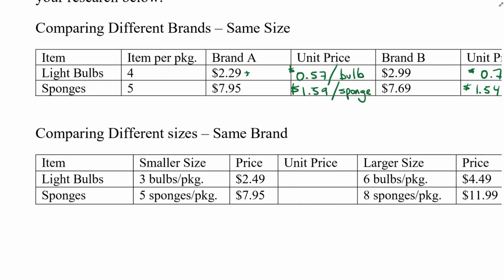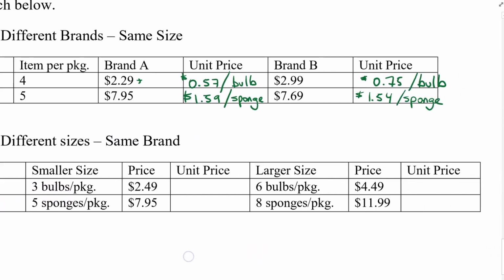Now here's an example where we're comparing different sizes of the same brand. We could buy the same light bulbs, 3 bulbs per package or 6 bulbs per package. So let's check out the unit price.